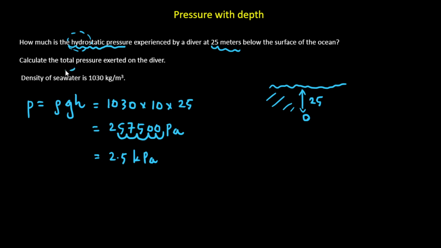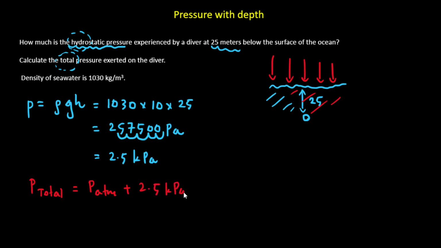But they're asking you for the total pressure. So you must know in your mind that the atmosphere is always acting on everything, so it's going to be acting on the sea water as well. So your total pressure, P total, would be the pressure of the atmosphere, P atm, plus your hydrostatic pressure, which is 2.5 × 10^5, my mistake.